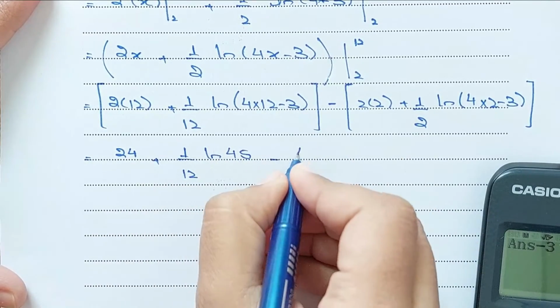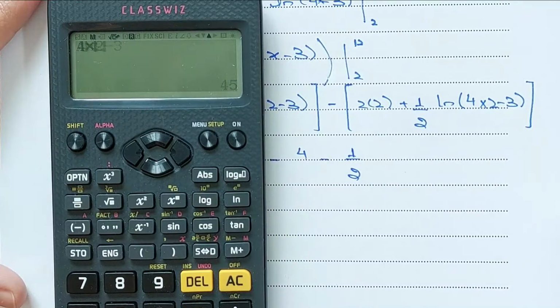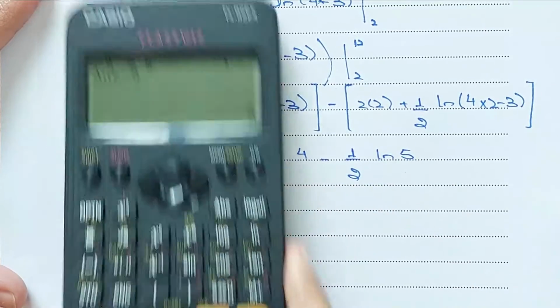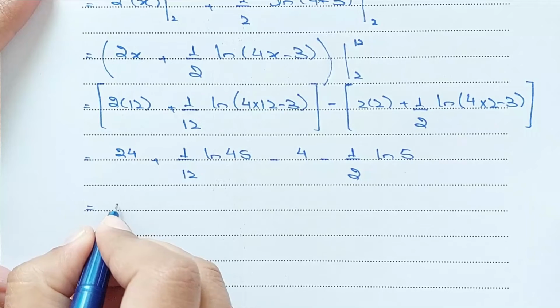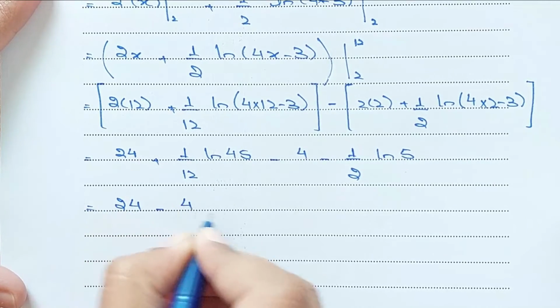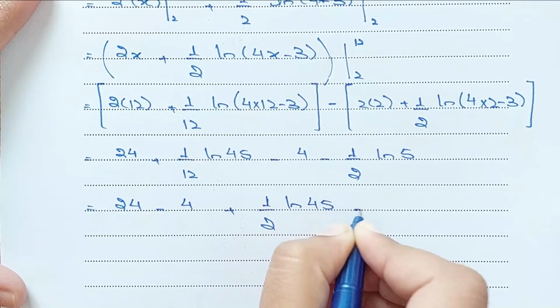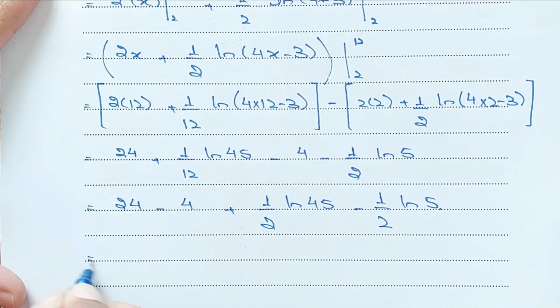Minus 2 times 2 is 4, and minus 1 by 2 ln of 4 times 2 minus 3, which is ln 5. Okay, now 24 minus 4 plus 1 by 2 ln of 45 minus 1 by 2 ln of 5. So this is 20.